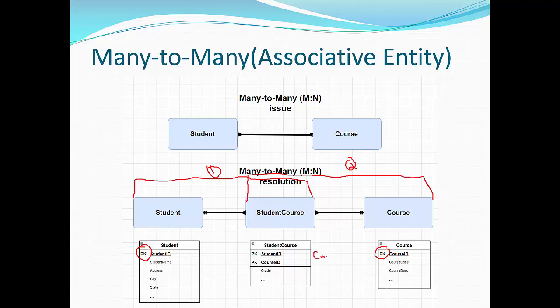It will be a combination of both primary keys, right? A composite primary key is what you end up with when you solve the many-to-many situation. So in this case of a student and a course, our student and our course can be bridged by a student course entity. In that entity we have the student and the course interacting together. We can have a grade attribute and any other attributes that actually make sense in that scenario.